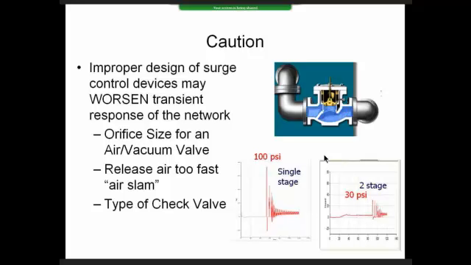Now, here's a caution. This is one reason that you need to do surge modeling, is that you can add a device, and it actually can make the situation worse. And this example here is talking about an air vacuum valve, which is a device that pulls air into the system when you have a low pressure, subatmospheric pressure, and then when the pressure starts building up again, it expels the air.